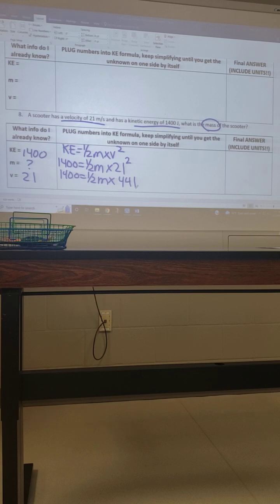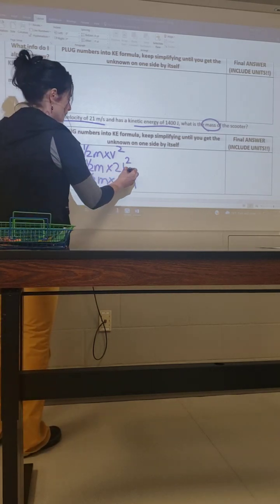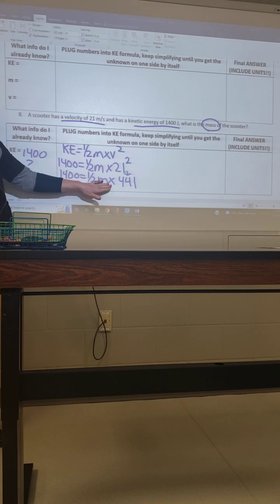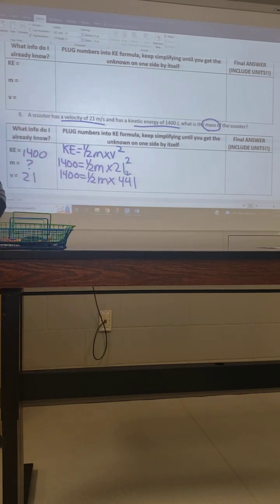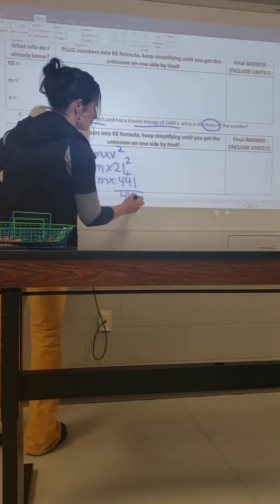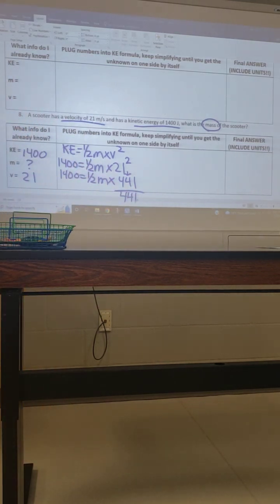Now we're to the point where we can't simplify anymore. So how do I get rid of the 441? Because we were trying to get m by itself. Again, we're going to leave the 1/2 for the end. Dane, what do we do? Alright. So no matter whether you're solving for mass or you're solving for velocity, you're always going to end up dividing by the one you're given to get it out of there.